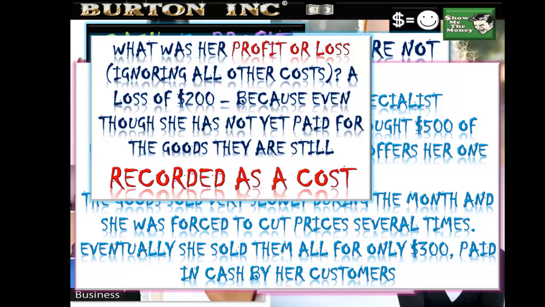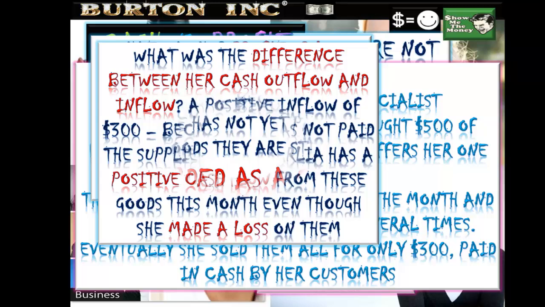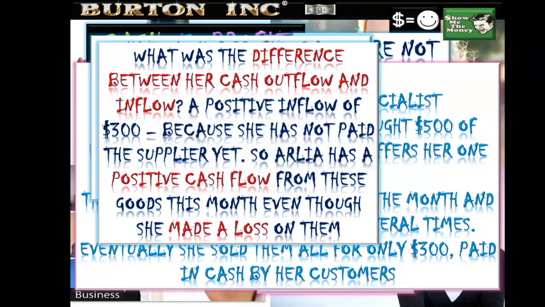Profit is revenue minus cost. Straight away they're recorded as a cost, and it sinks her into being unprofitable. But the difference between a cash outflow and inflow: she had a positive inflow of $300 because she hadn't yet had to front up and pay her supplier. So positive cash flow during this month, even though she made a loss on them. The difference between profit and cash.